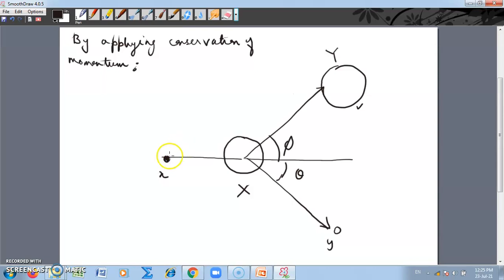As we know, the momentum of this particle would be Mx Vx, isn't it? So this is in this direction.